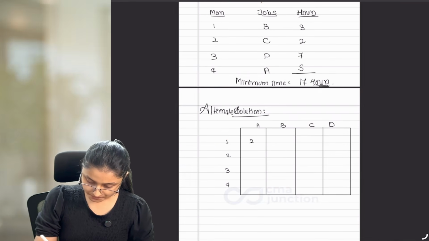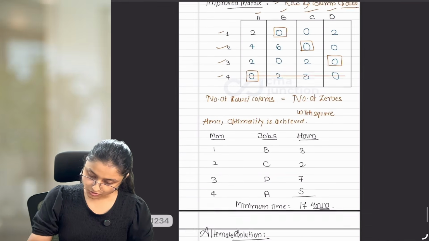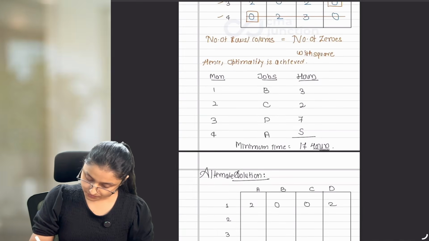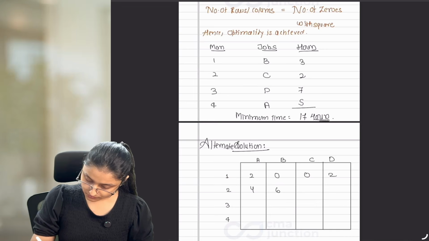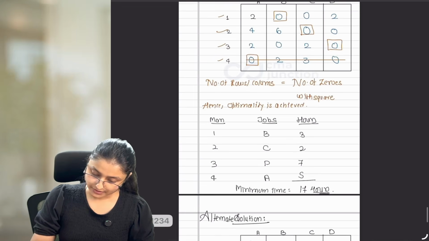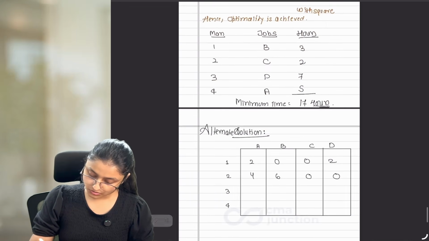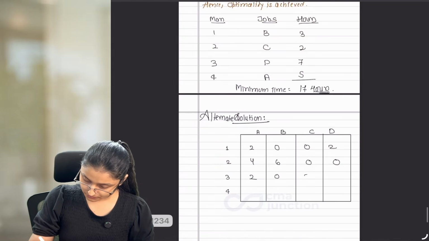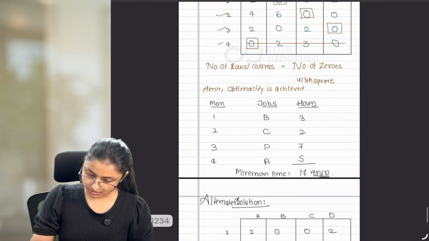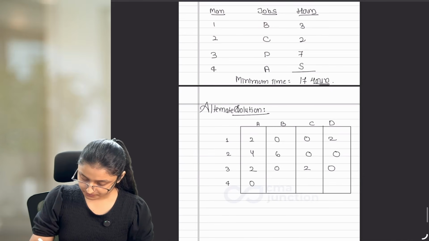So it is 2, 0, 0, 2, 4, 6, 0, 0. Next, 2, 0, 2, 0. Next, 0, 2, 3, 0.